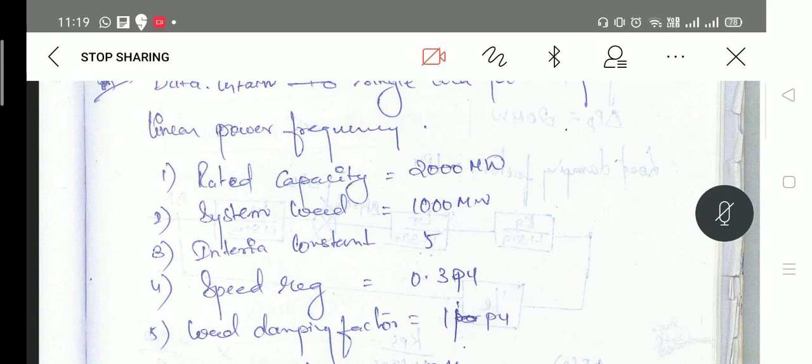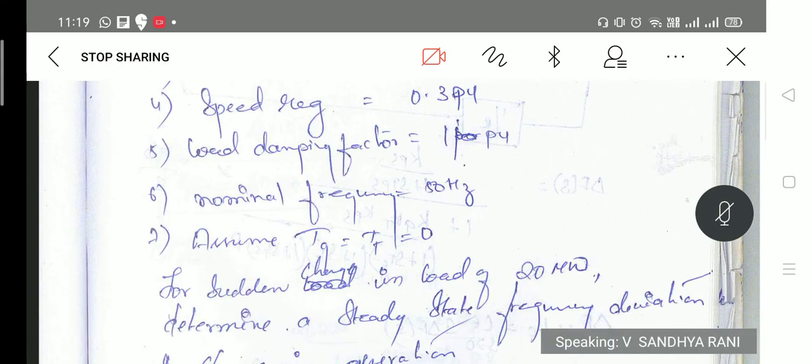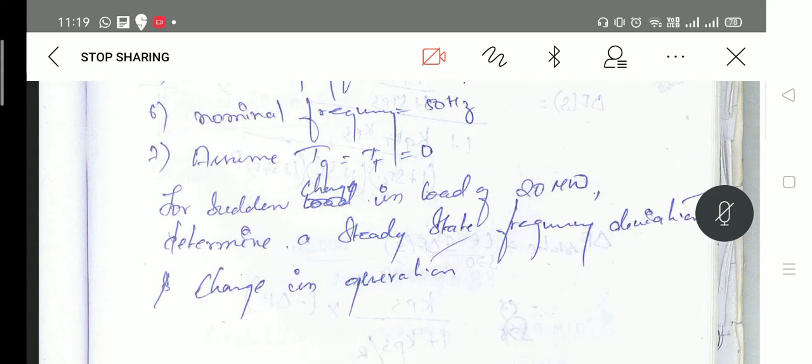The sixth one is nominal frequency 50 hertz. Assume Tg is equal to Tt is equal to 0. For a sudden change in load of 20 megawatts, determine the steady state frequency deviation.